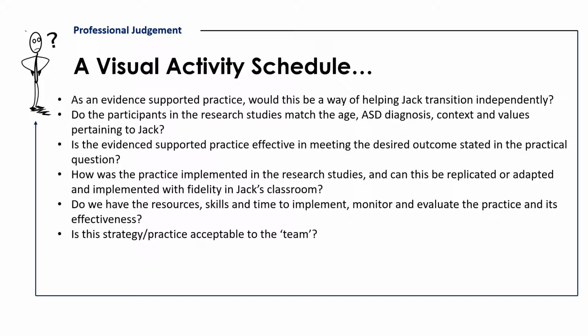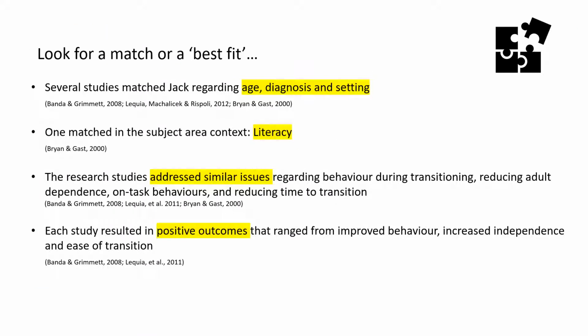To help determine this, I once again referred to the matrix of 27 evidence-supported practices, as it highlights the age and category the various practices have been effective in targeting. Under visual supports, visual activity schedules met Jack's age and area of need. I then examined several research studies referenced in the report to see if a best fit could be made regarding the other elements mentioned.